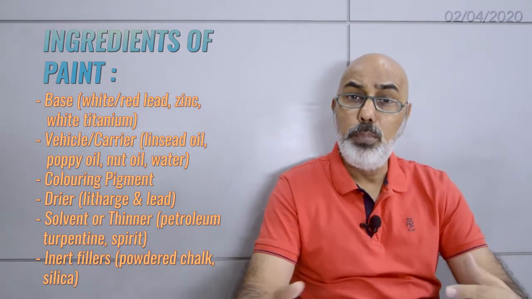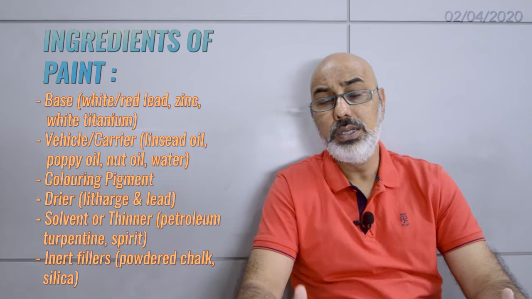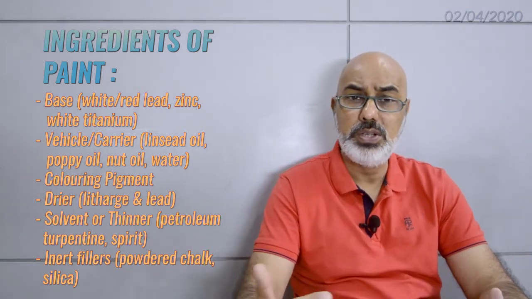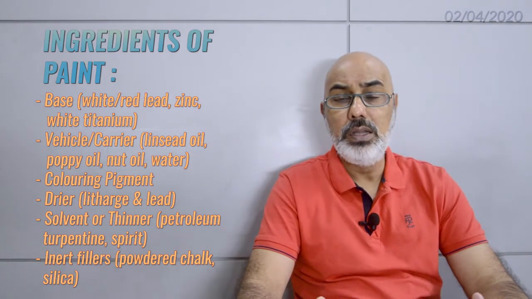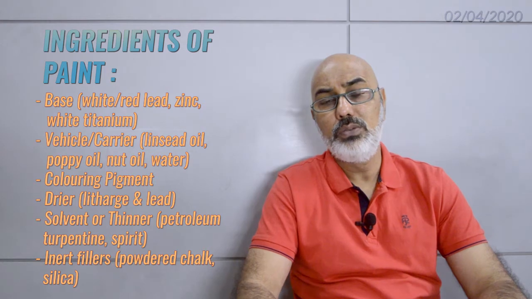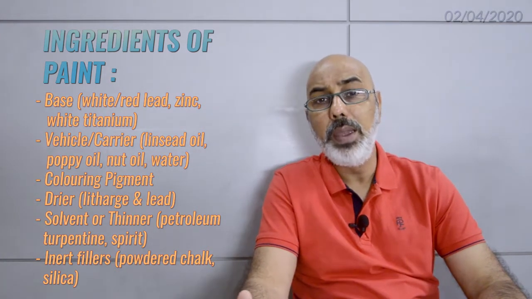So when I put together inert fillers, base, pigments, dryers, vehicle, all put together, we call it as paint. This is the basic function of the paint. The first function, it protects.